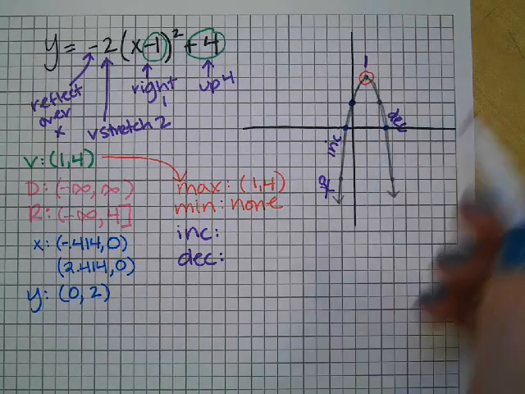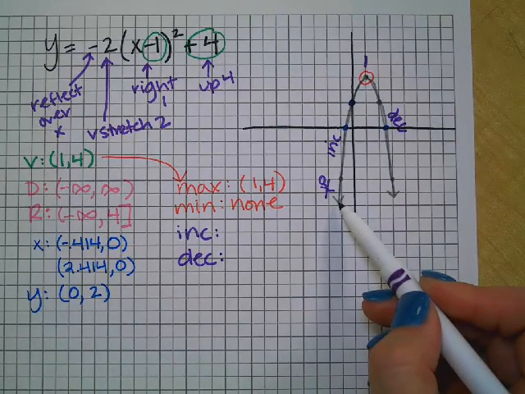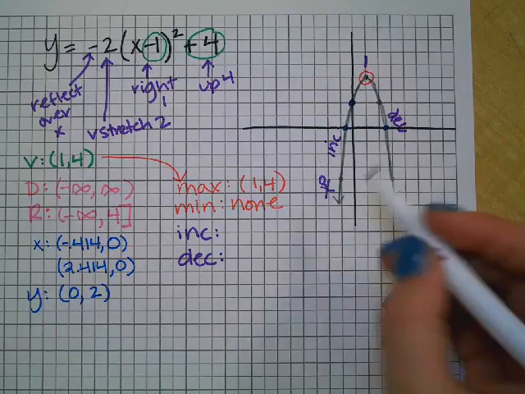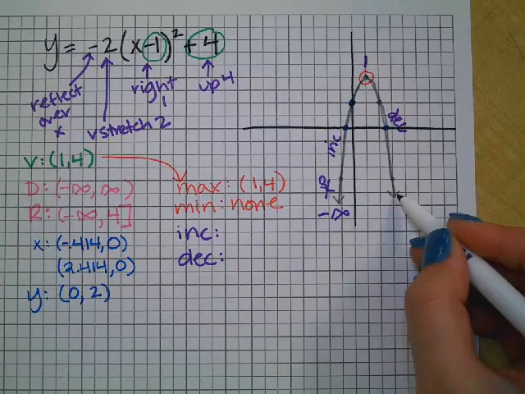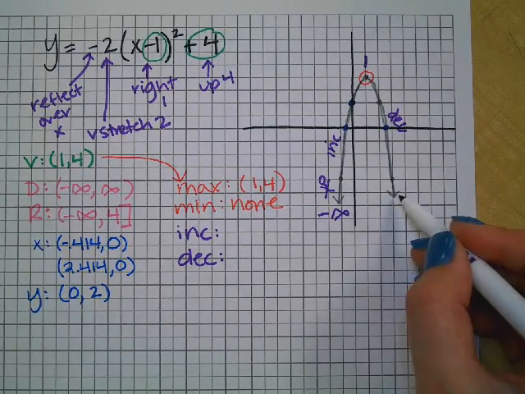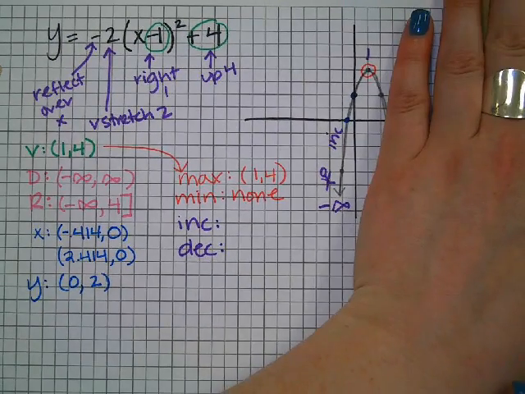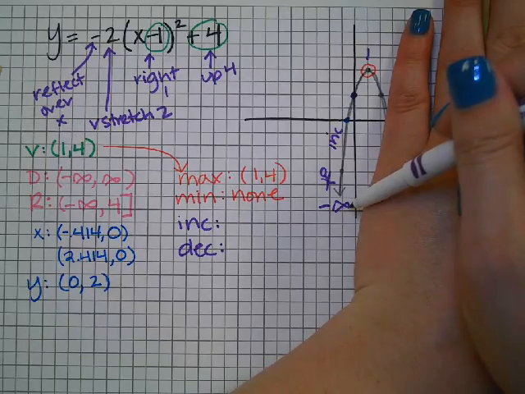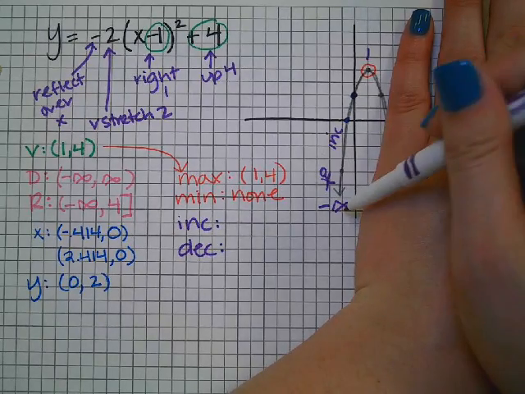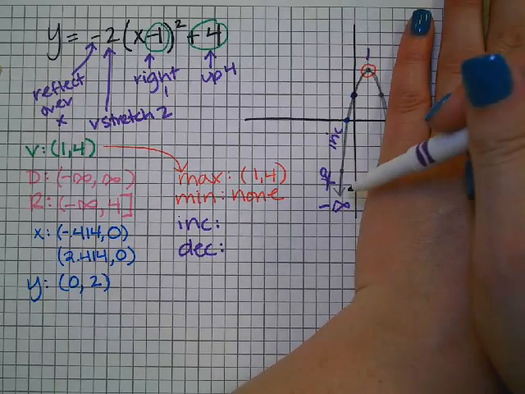And after he hits the 1, what does he do? Decrease, okay. What is the x value of a left arrow? Negative infinity. What is the x value of a right arrow? Infinity. Okay, so the increasing interval is what? Negative infinity to 1, because we always go from left to right.